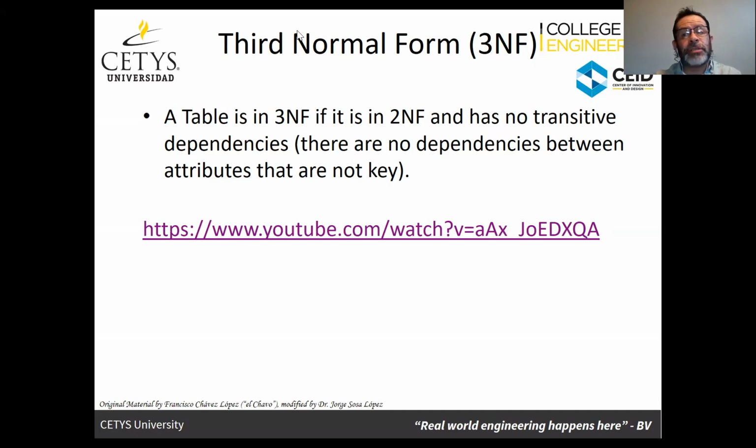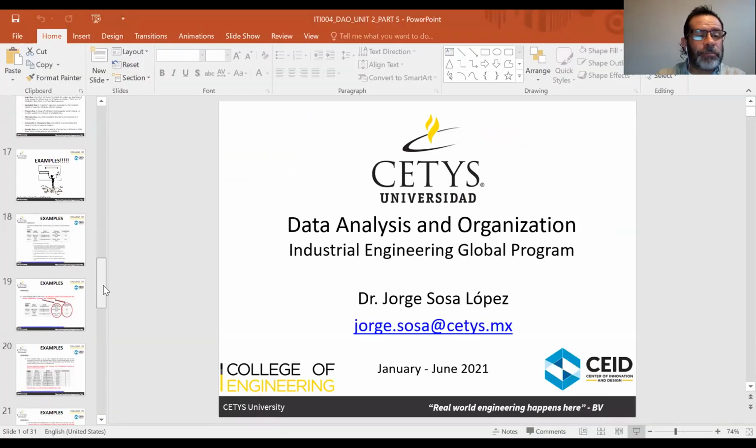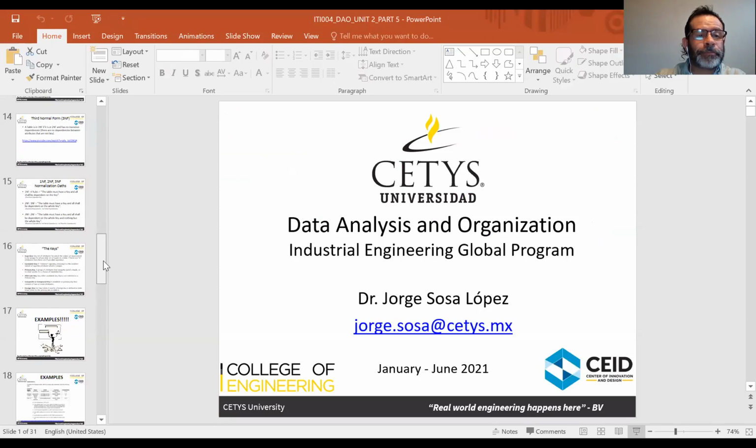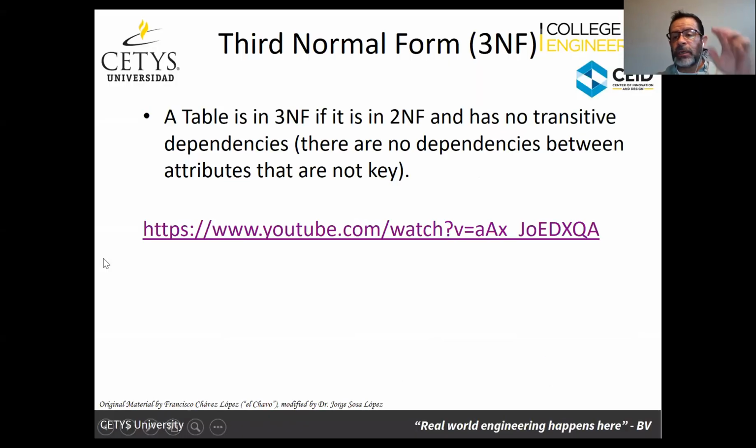By the way, there are many more normal forms. We're just going to cover up to the third normal form, but there are many more, 7, 8, a bunch of them that go into much more detail with regards to the analysis and validation of the tables.